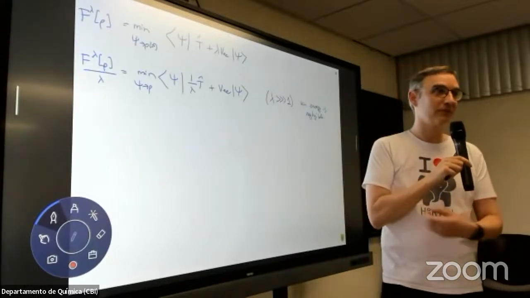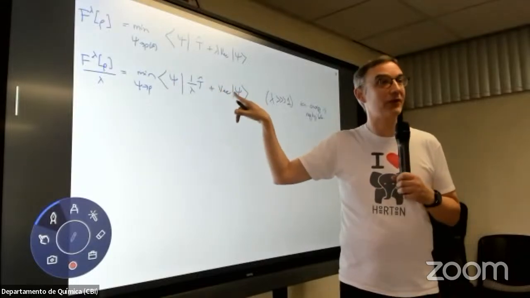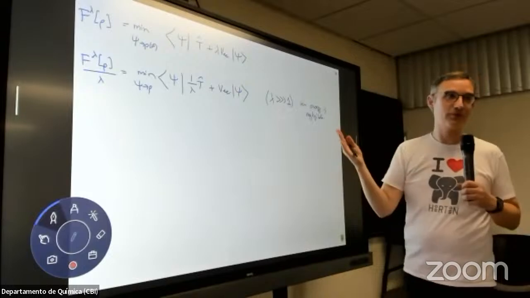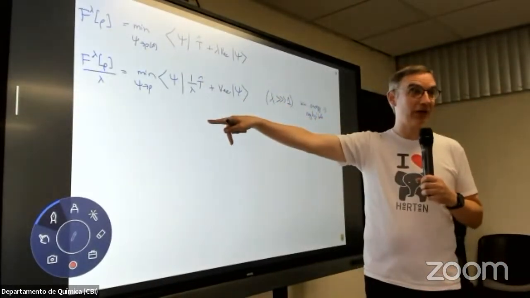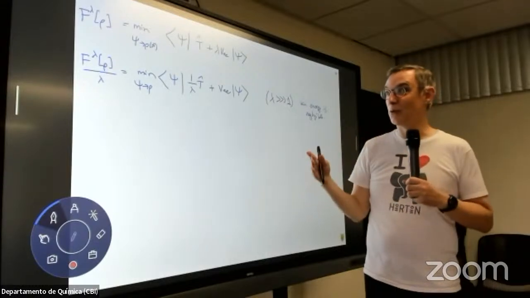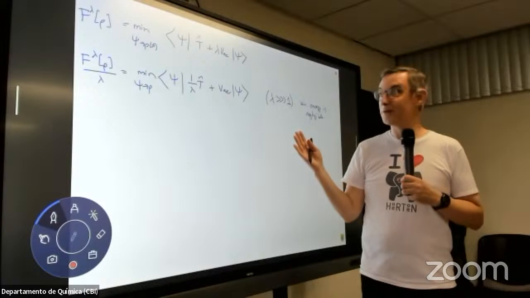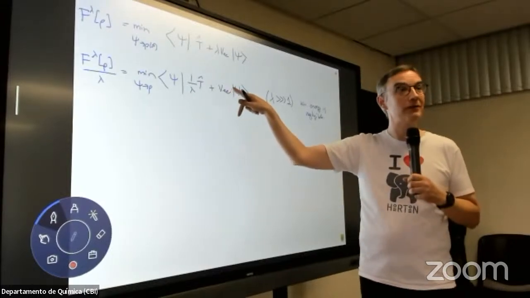You can build a Taylor series in 1 over lambda around the limit for the kinetic energy. It ends up looking like classical. So if the kinetic energy goes away, then I have a wonderful little result that I don't need to worry about anything kinetic. This is a classical problem.